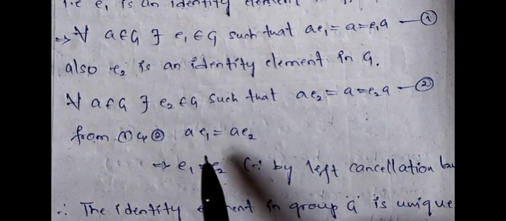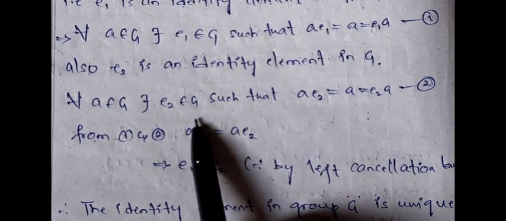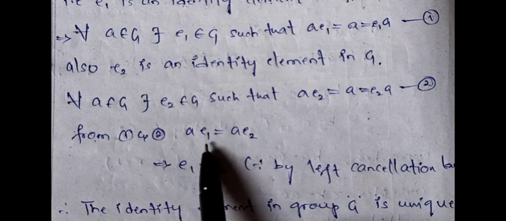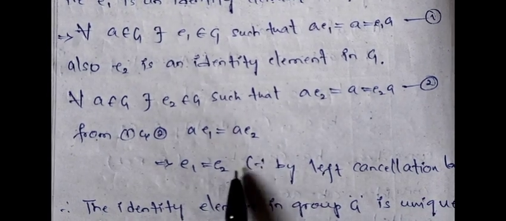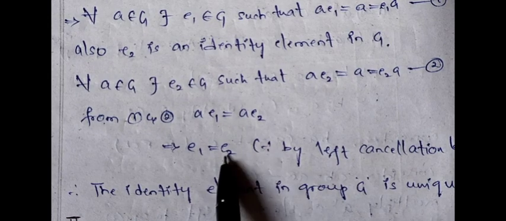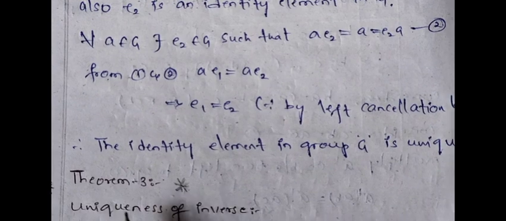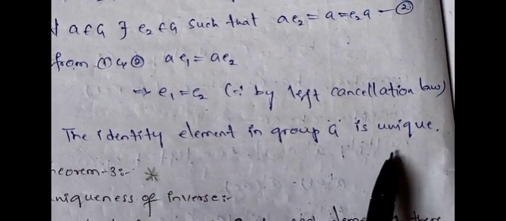From what we proved previously, by the left cancellation law, E1 equals E2. So even when taking more than one identity element, they are equal, which means it is unique. Okay, so the identity element in a group G is unique.